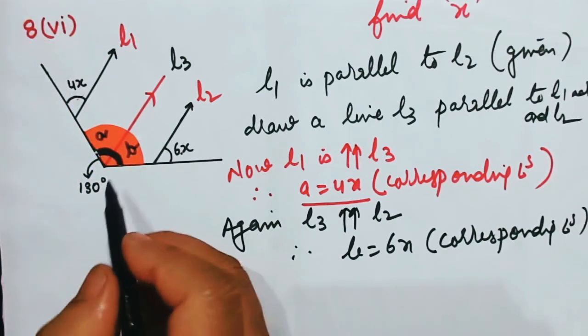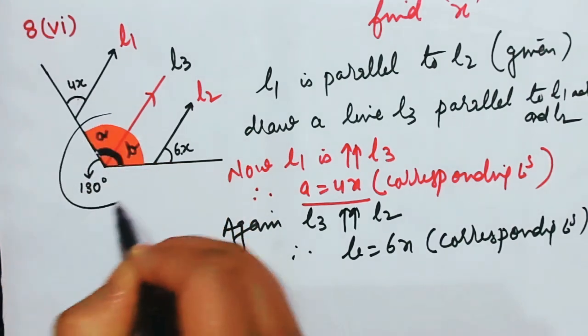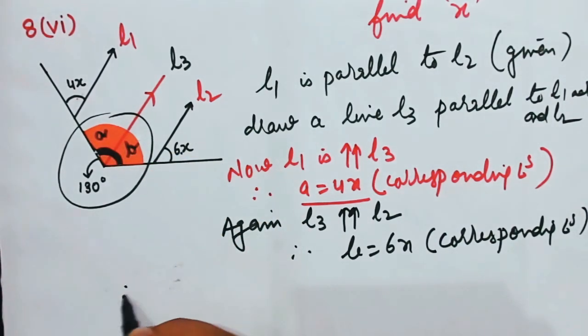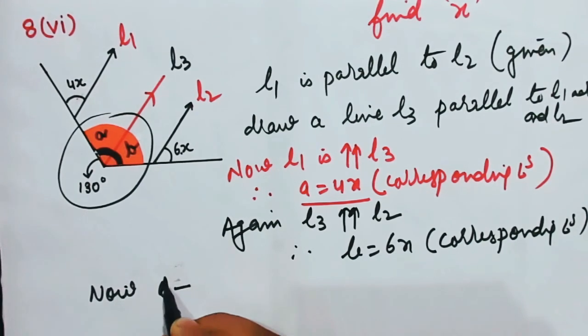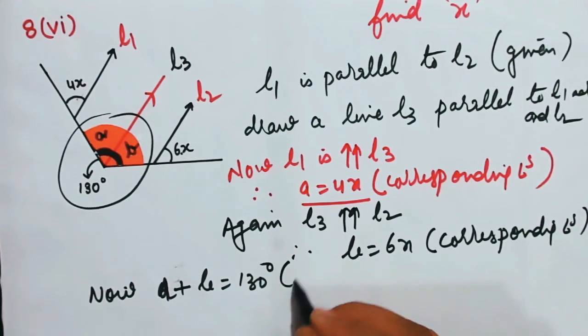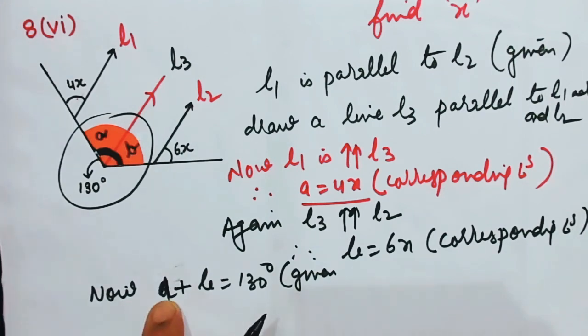Now they have already given you the value of A plus B is equal to 130 degree. So be happy. What is the value of A? A is equal to 4x. What is the value of B?